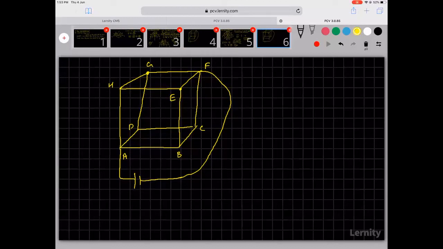Why? Because there are two resistors on this side and one resistor on this side. So I am going to say that E and G are at the same potential.